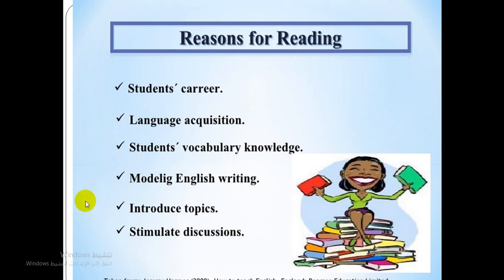Lastly, a good reading text can introduce interesting topics, stimulate discussions, and excite imaginative responses. So we teach students reading to help them learn the language, read for information, and read for cultural knowledge and awareness.